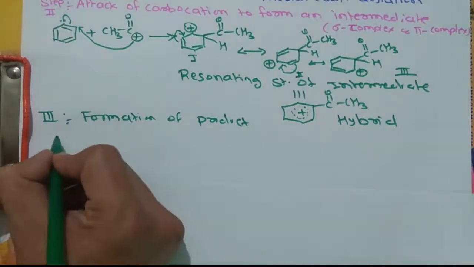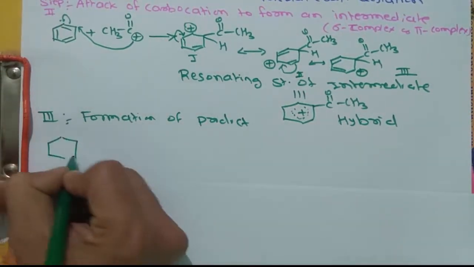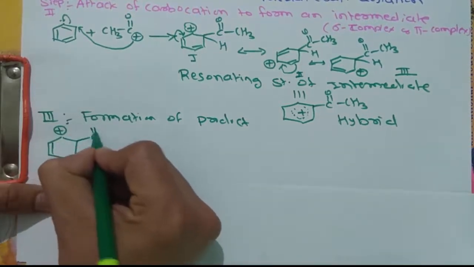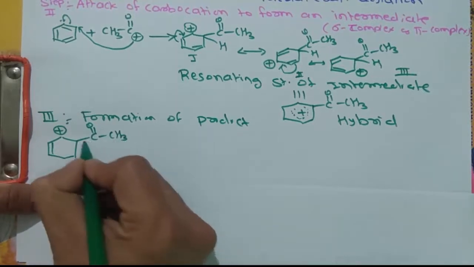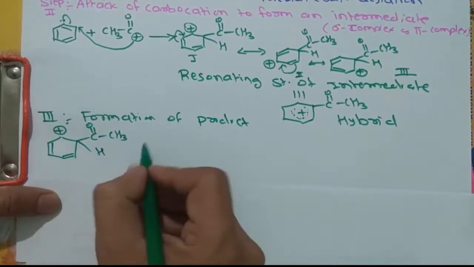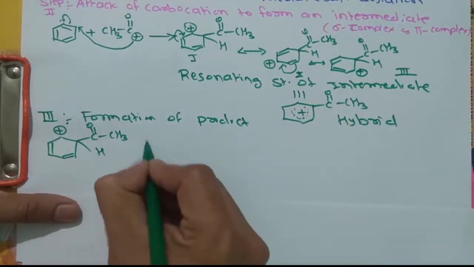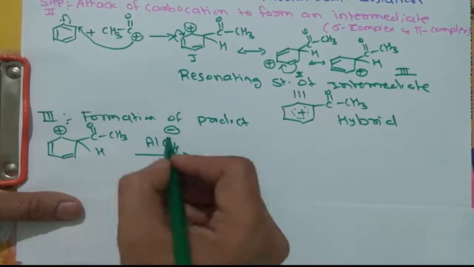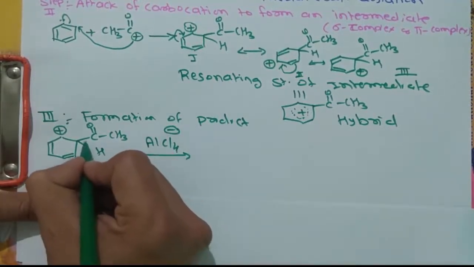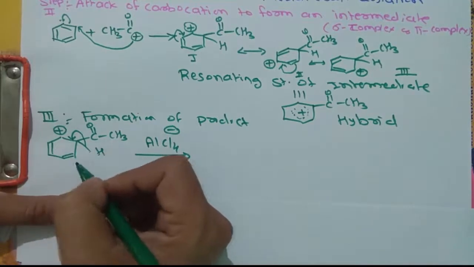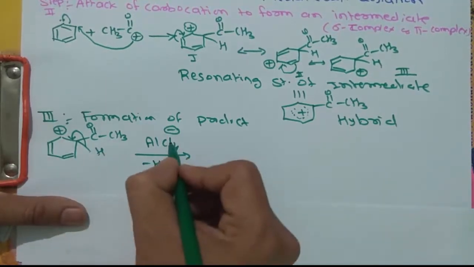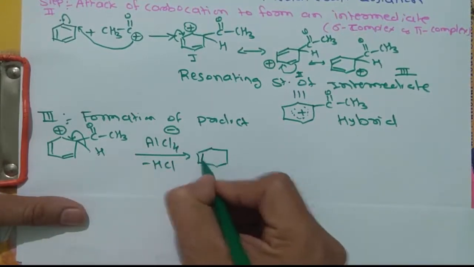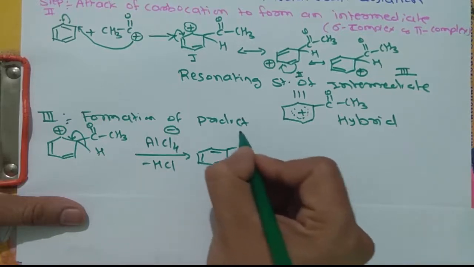Here we use the first intermediate, with the positive charge, C double bond O, CH3, and H. AlCl4 minus is a Lewis base which can abstract this hydrogen atom. The positive charge is nullified and HCl is removed, forming our compound.